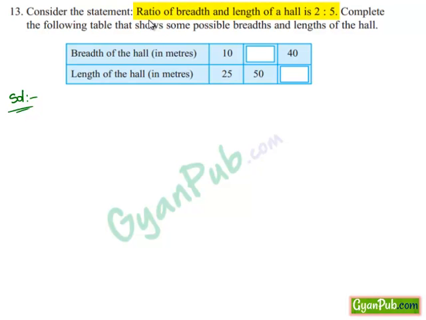Here given that ratio of breadth and length of a hall is 2:5. We know that the comparison of two quantities of same units is called ratio. So we should check whether the given dimensions are in the same units. From the table we can observe that length and breadth of the hall are in same units, that is meters.